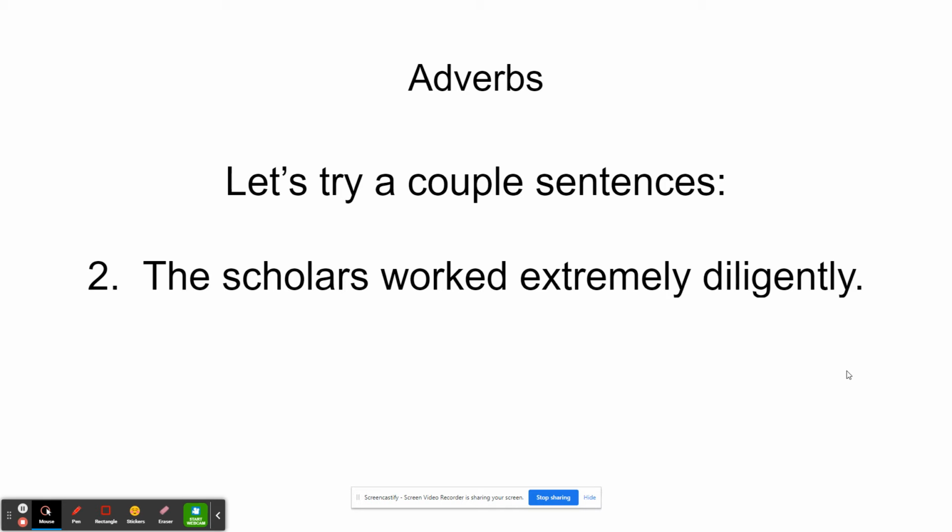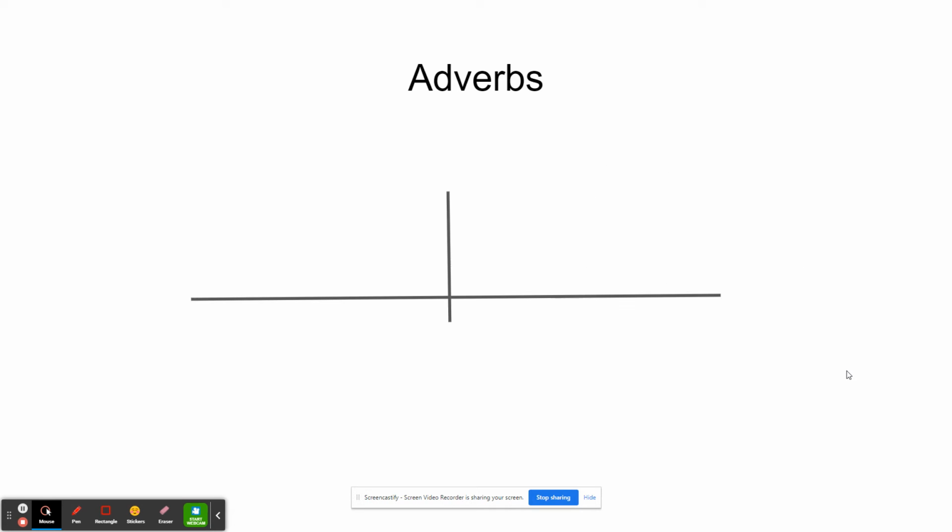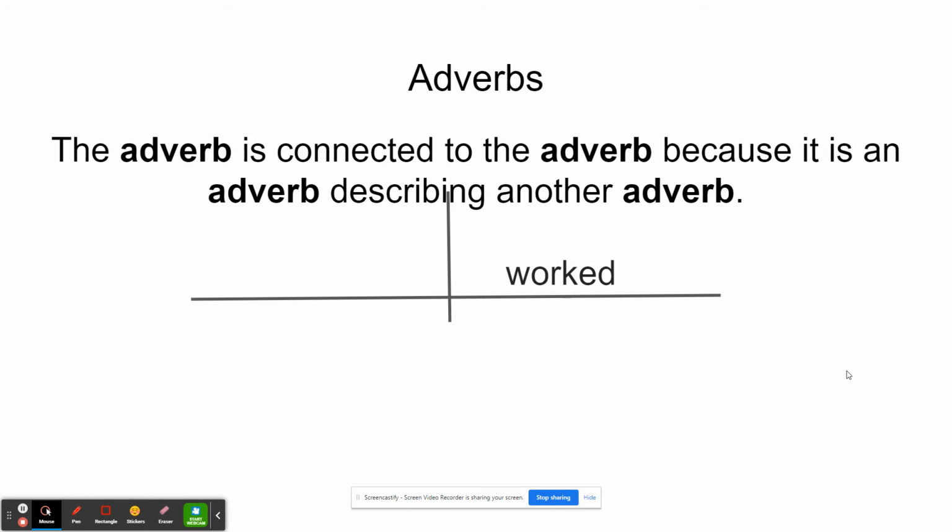And don't forget about the word the. All right, let's check that sentence. Ready? My first question was, what is the action? Worked. Then I asked who or what worked. Scholars. Scholars worked is the core of this sentence, our subject and the verb.